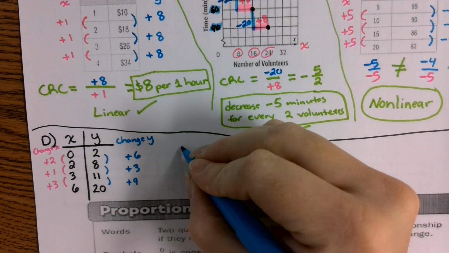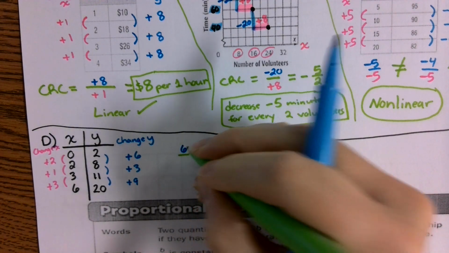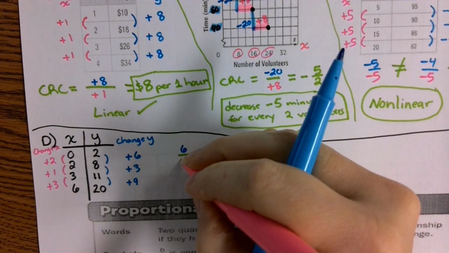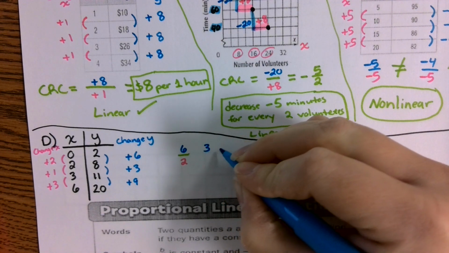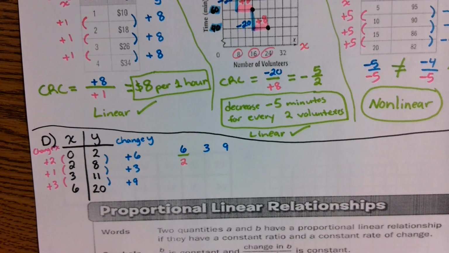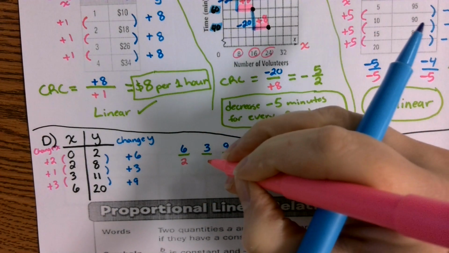So I would set it up as 6 over 2, 3 over the 1, and then the 9 over the 3.